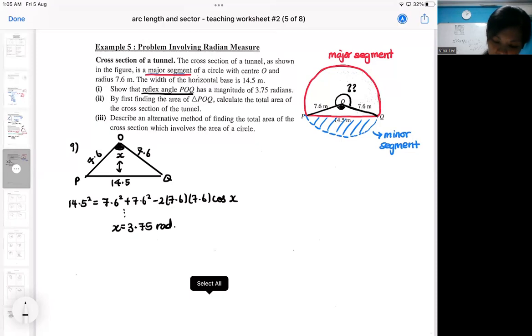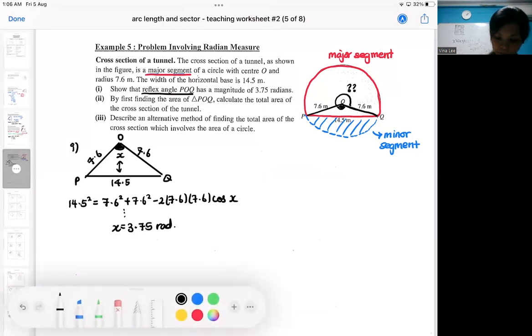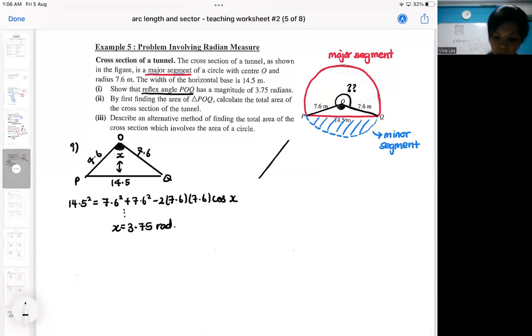Another way, if you don't like doing the cosine rule, there is another option. Maybe I draw a nicer one. Whichever option you take, it will still give you the 3.75. You can give it a try later on.